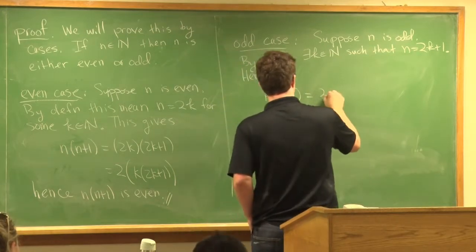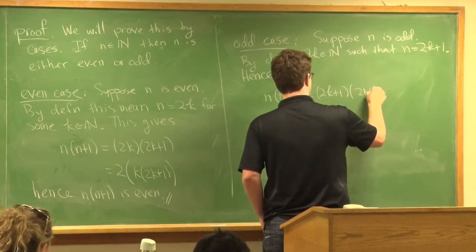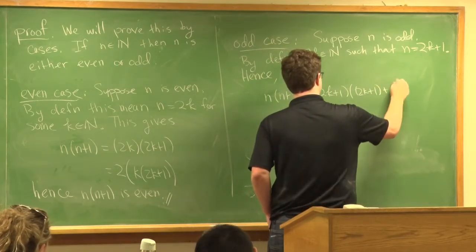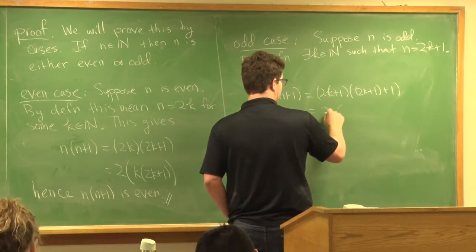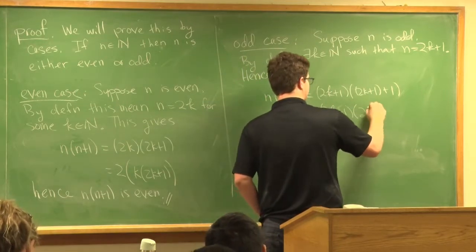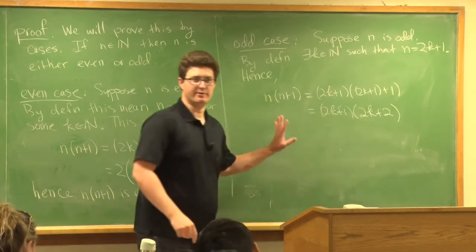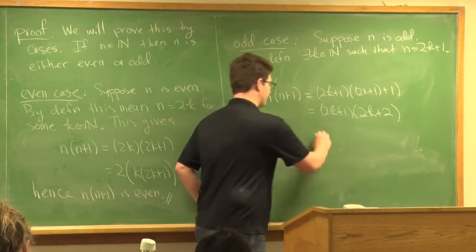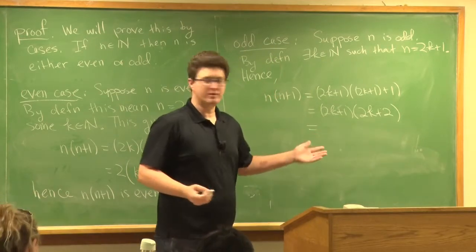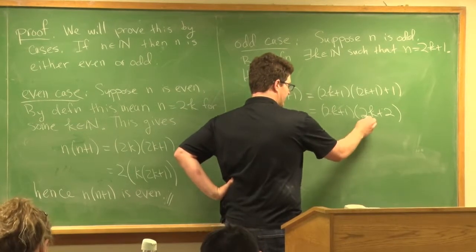So this is equal to 2k plus 1 times 2k plus 1 plus 1. So this is equal to 2k plus 1, and I just kind of fill out the paperwork for this proof. You kind of know how it's going to go, but you just got to do it. All right. So here this is divisible by 2.